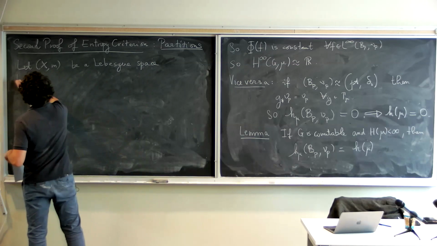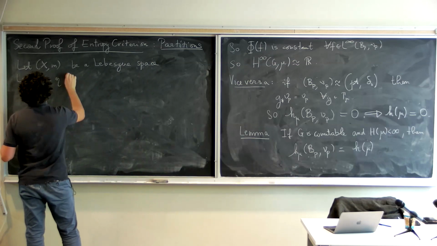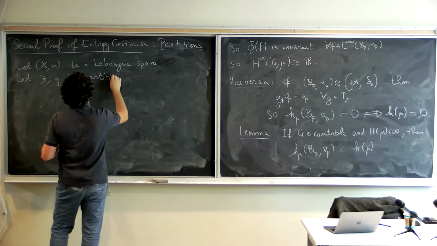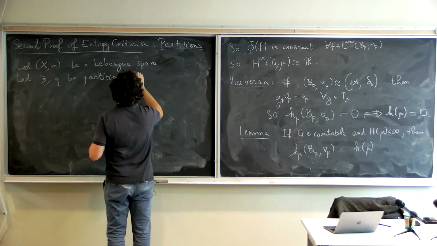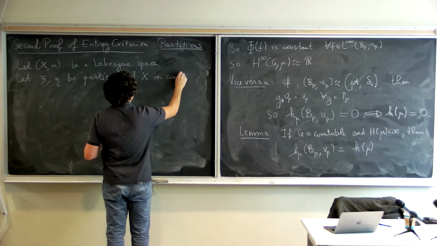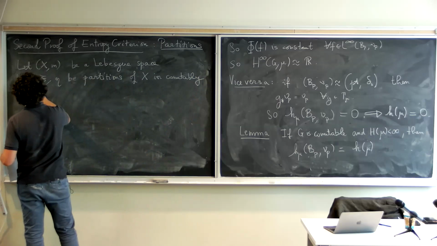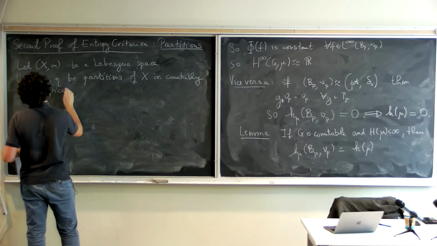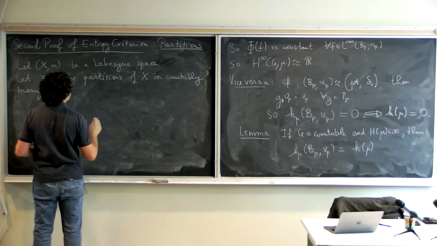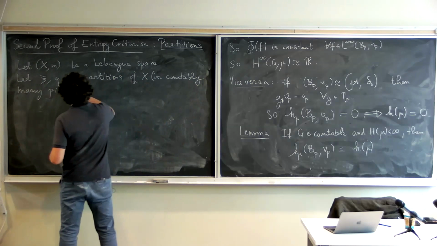Then let psi and eta be two partitions, with countably many pieces to begin with. Well, let's say we start with that, but then it will become more complicated.